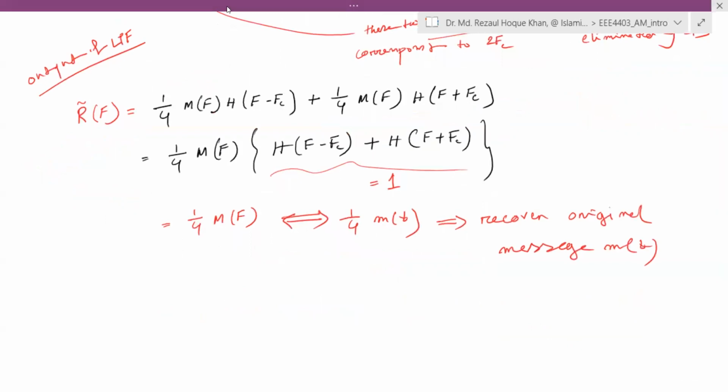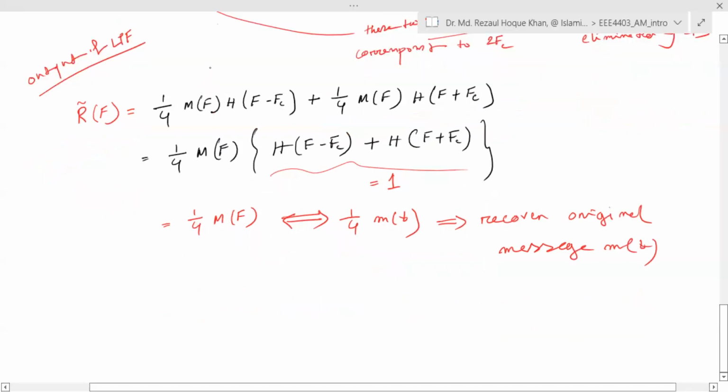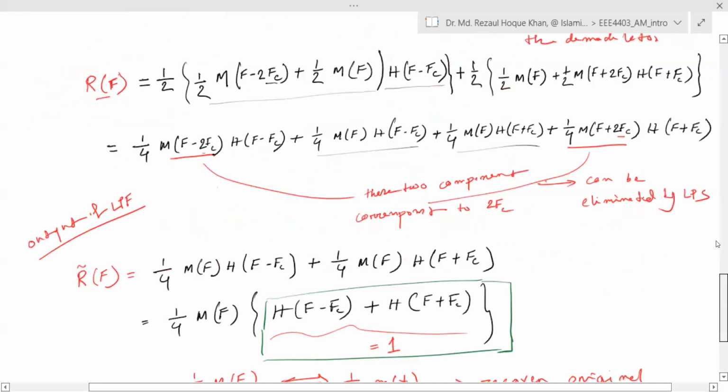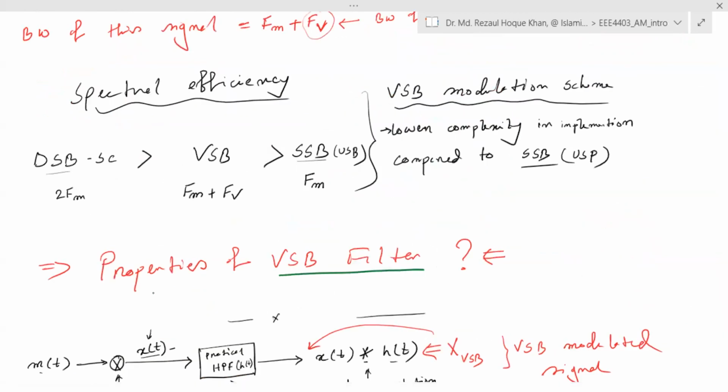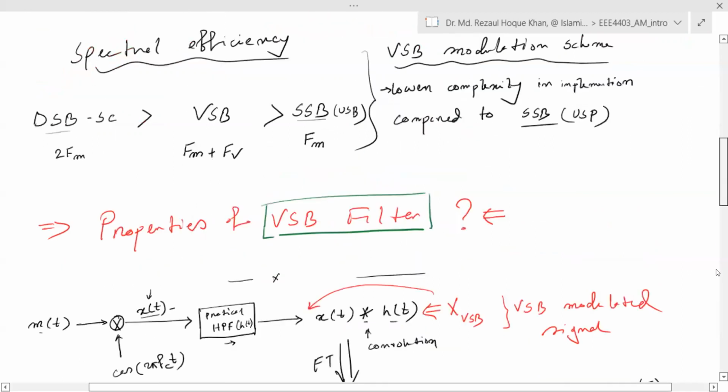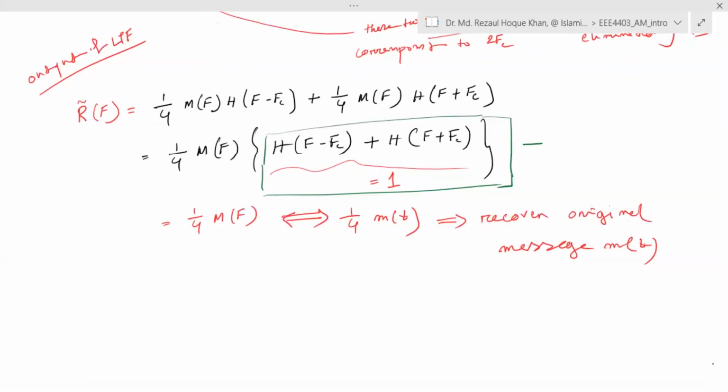So what was the main assumption here? This is actually the main assumption. We like to have the response of this filter as 1. Which filter? This VSB filter. We are looking for the requirements or properties of this filter. What is the requirement? If we can make this VSB filter response 1, then we can recover our message signal.